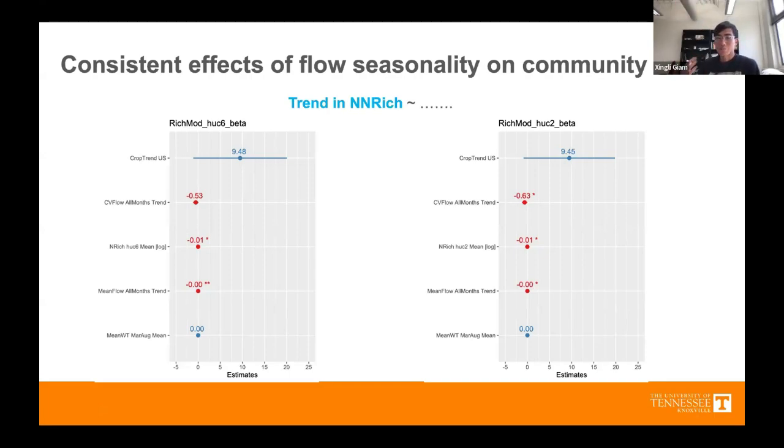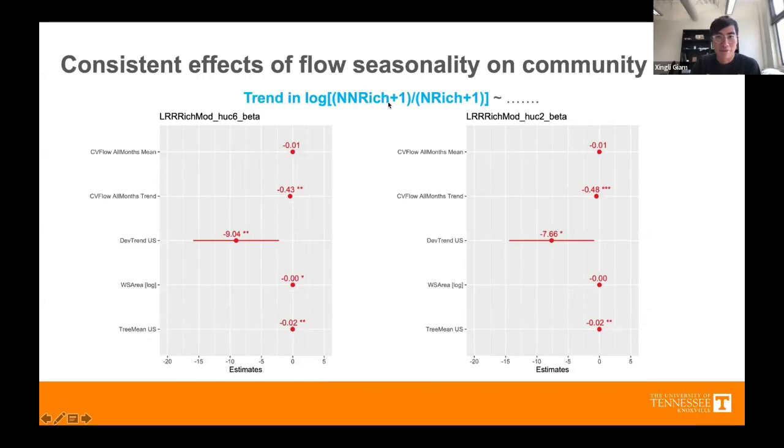That's really interesting because we know, from being out there in the field and talking to people who know fish, like CFI, who actually try to breed the fish to repatriate them, that flow seasonality is very, very important for native fish. And here we found that in places where flow seasonality decreases, we see an increase in the trend of non-native richness, which is really interesting. For the next couple of slides, you see the same thing, right?